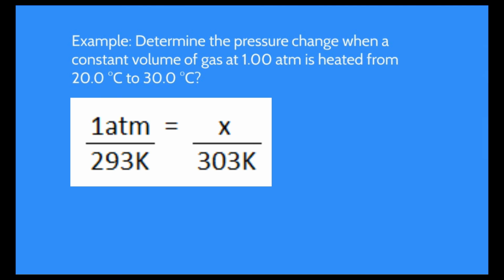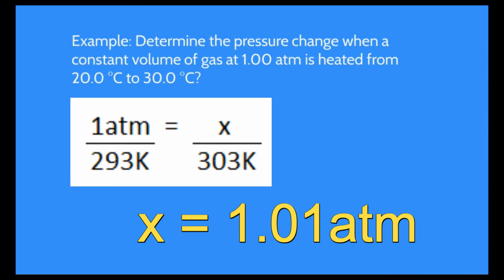No. Did they want it in a certain pressure? No. Joe, just plug and chug. So, all right, cross multiply, you got this divided into that. X is going to equal what? 1.03 atm. Now let's look. Did the temperature go up? Yes. Did the pressure go up? It did, very little, but also the temperature went up very little. So that's how this works.